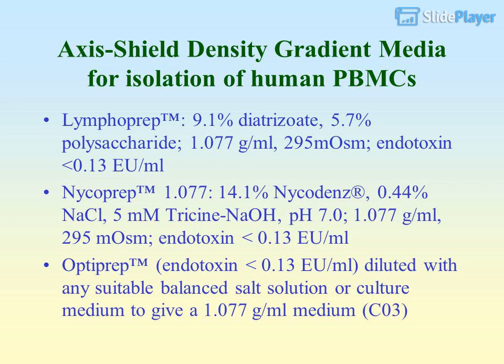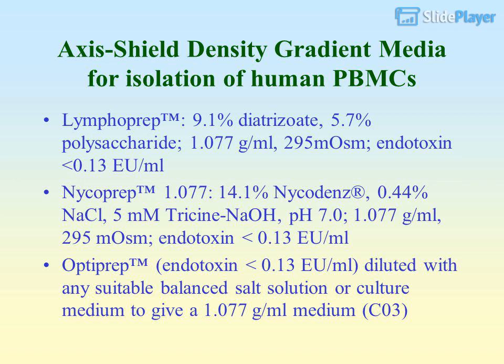Nycoprep 1.077: 14.1% Nycodenz, 0.44% NaCl, 5 mM Tricine-NaOH, pH 7.0, 1.077 grams/ml, 295 mOsm, endotoxin less than 0.13 EU/ml. OptiPrep, endotoxin less than 0.13 EU/ml, diluted with any suitable balanced salt solution or culture medium to give a 1.077 grams/ml medium. Only Axis-Shield offers three options for the isolation of human PBMCs.